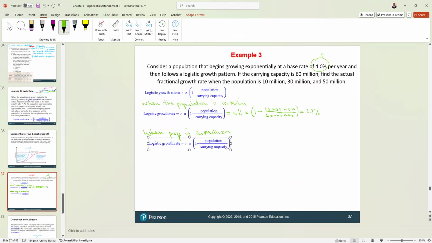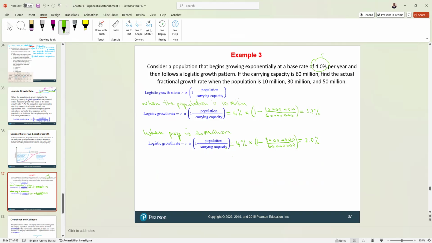If it's 30 millions, what we're gonna do, we're gonna plug the rate 4% times 1 minus 30 over 60. Okay? And that's what gives us for 30 millions, approximately 2.2%. Right? And I left the 50 millions for you.